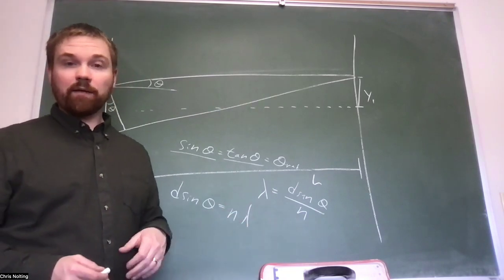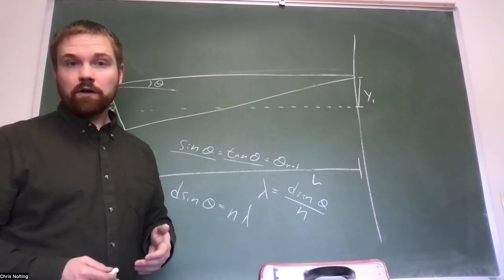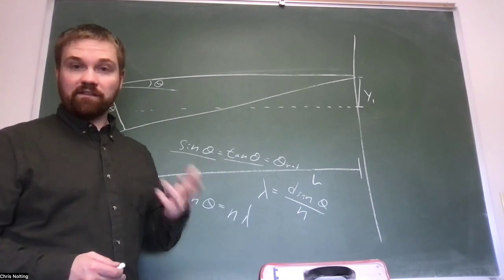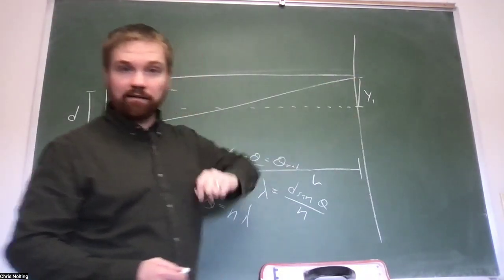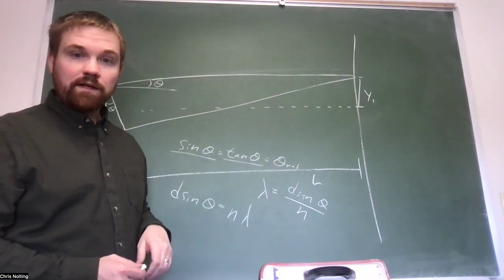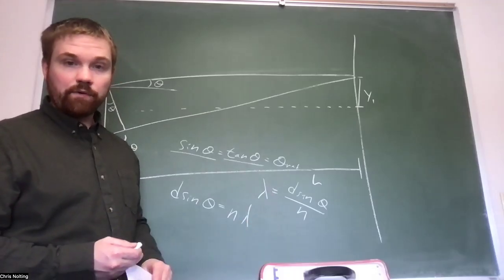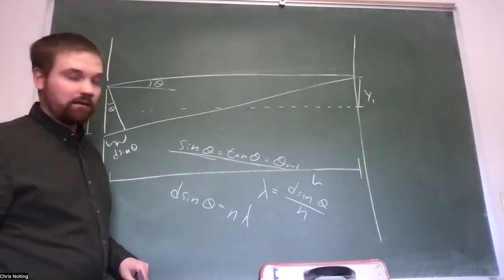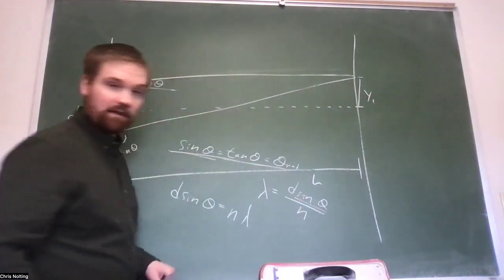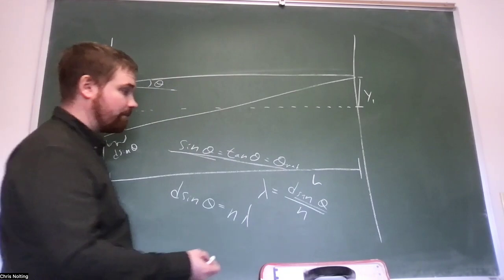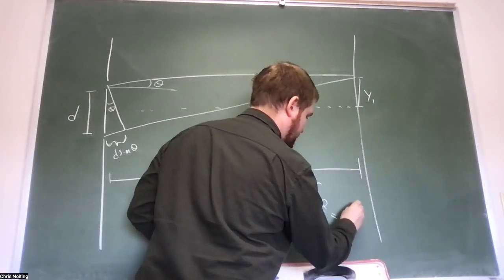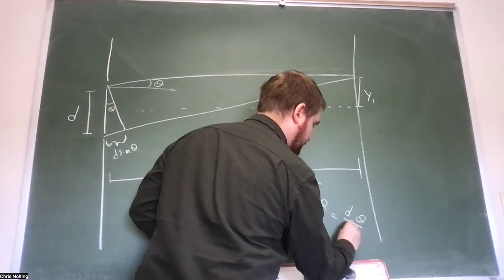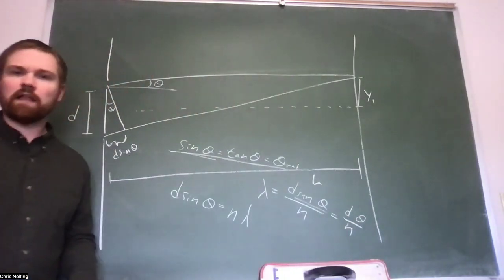But also sometimes we were given the angle theta, or sometimes we were given the distance y from the central maximum. So if we were given theta, we could use our small angle approximation to replace sine theta here with just theta. And this would then be d theta over n. And that's all I would need.